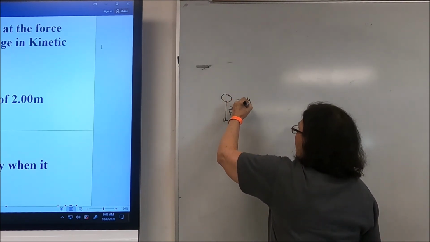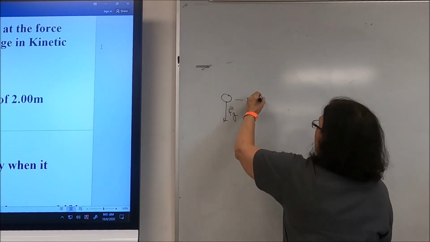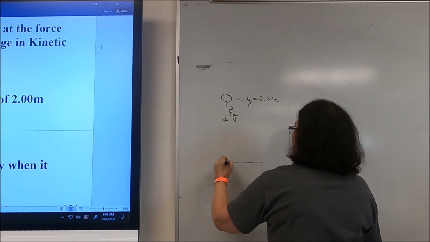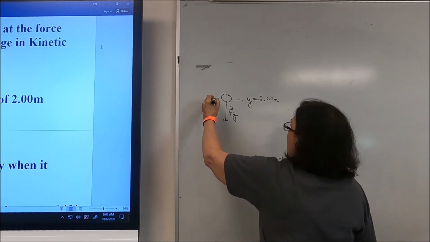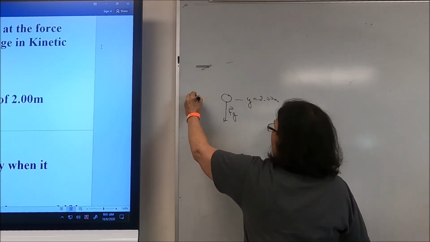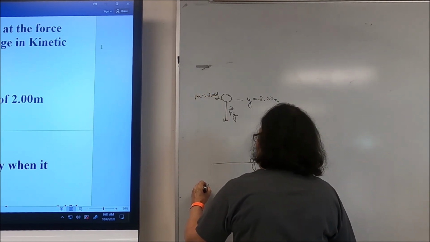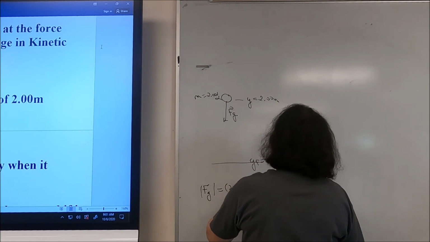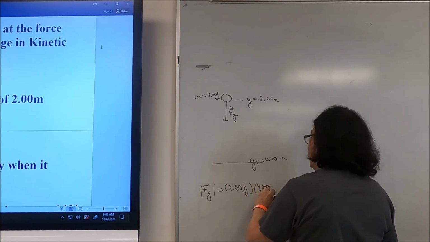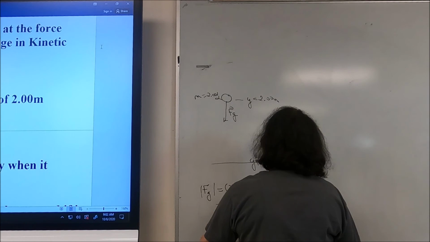So if it starts up here at y equals 2 meters, and I go to a y final equals 0 meters, okay, and it has a mass of 2 kilograms, then our force due to gravity is going to be 2.00 kilograms times 9.8 meters per second squared, so that's 19.6 newtons.